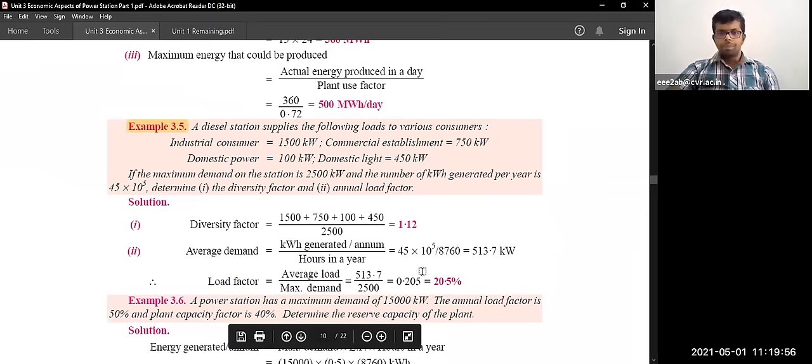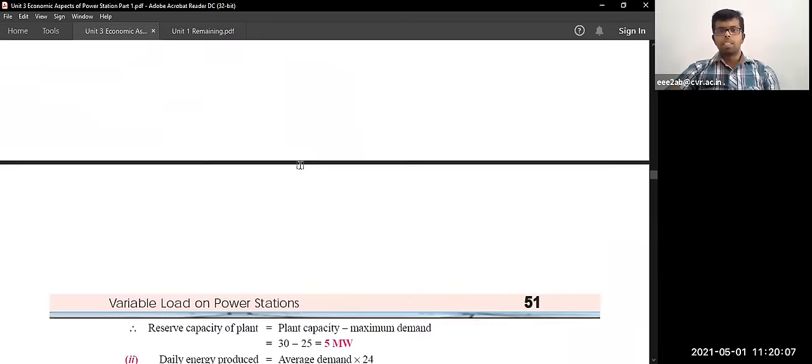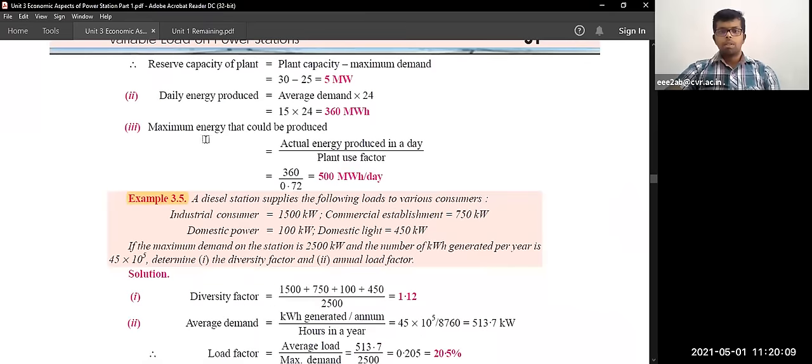Very easy. In the exam, a 10-mark question will give data like the first problem we saw, for example 12 midnight to 2 a.m., 2 a.m. to 6 a.m., with the loads given. After that the maximum demand will be given, and you have to calculate the units generated.